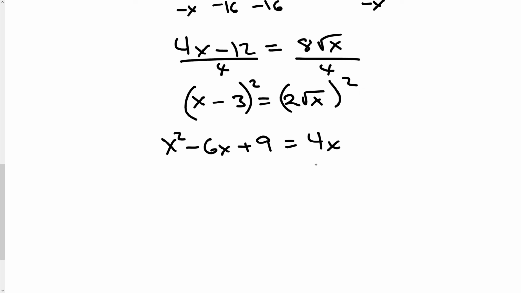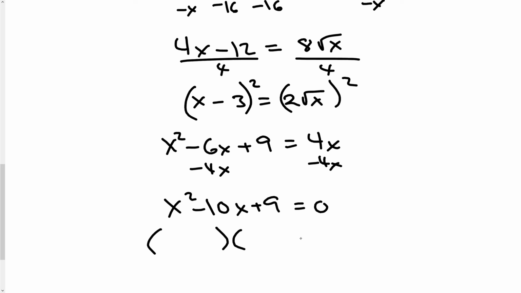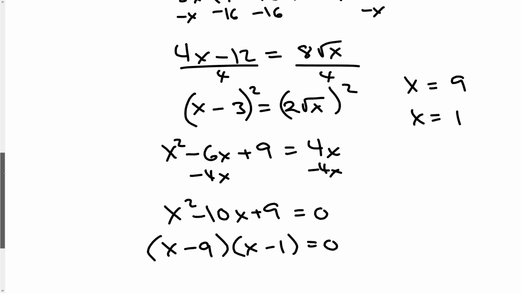Now I have something to the second power, set it equal to 0: x squared minus 10x plus 9 is equal to 0, which factors. The factors of 9 that add up to 10 are 9 and 1. So x is equal to a positive 9 and x is equal to a positive 1.